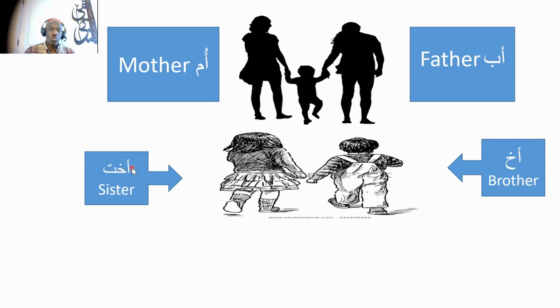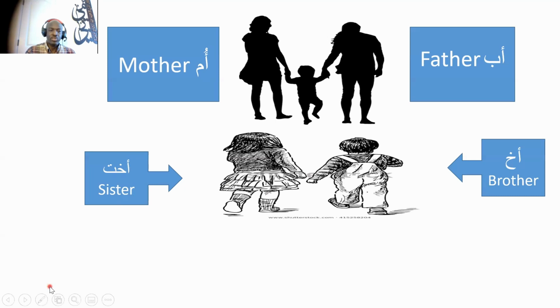And then Ukht, that's a sister. The difference between the two nouns is that Akh has no ta, but Ukht has a ta, also the open ta, to indicate this noun is feminine. Akh, Ukht.